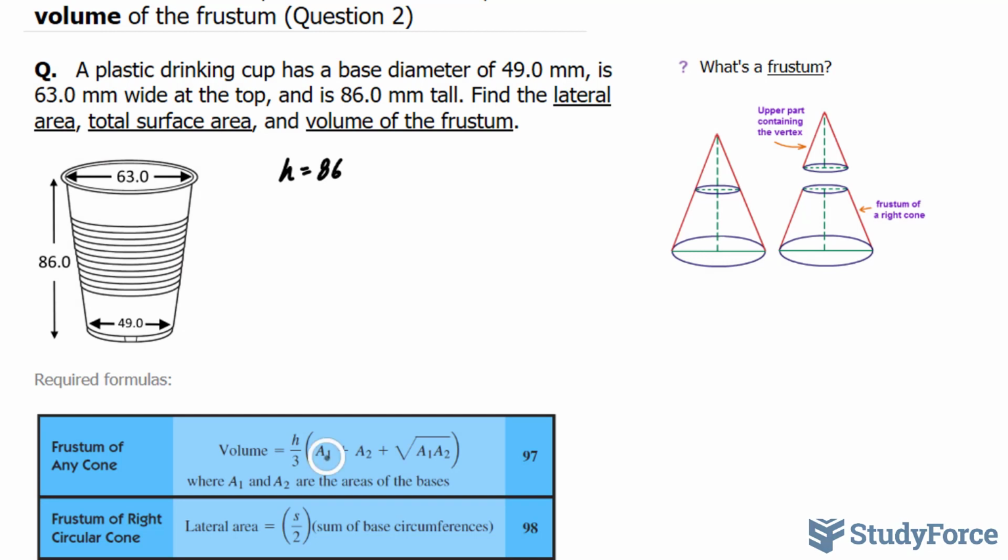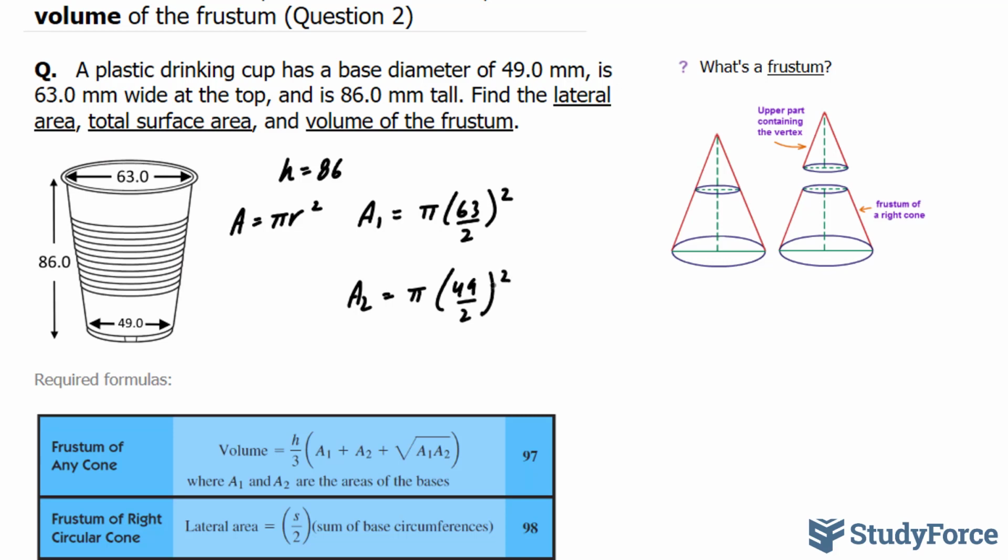And we can start off by finding the area of this base and the area of this base. The base itself is a circle, so we can use area is equal to pi r squared. Area 1 is pi times 63 divided by 2. Remember, this is the diameter, to the power of 2, while area 2 is equal to pi times 49 divided by 2 to the power of 2.